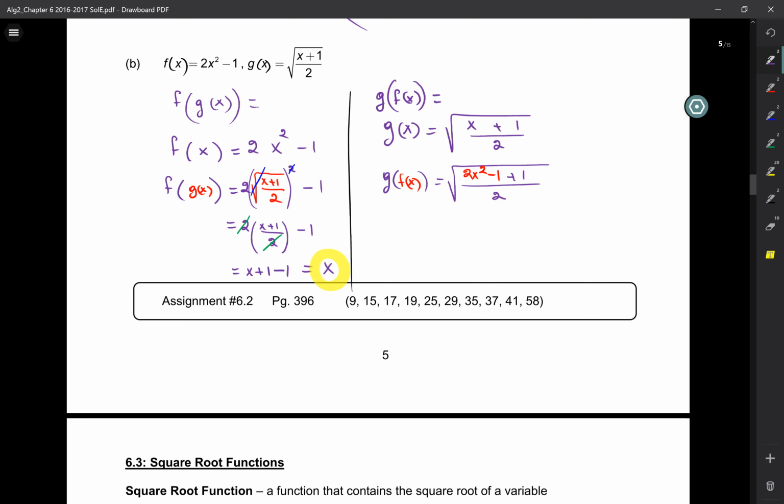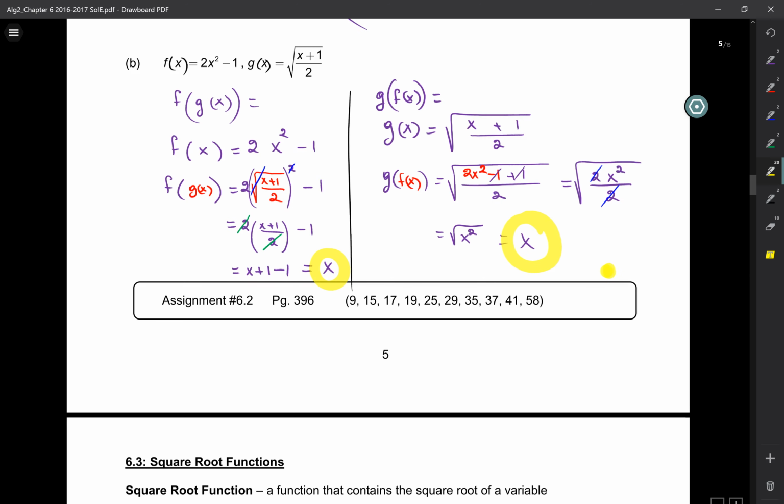Now, what does the top give me? This goes away. 2x squared over 2. What can I do with the 2's? Cancel them. I end with the square root of what? x squared. And what's the square root of x squared, guys? x. And look at that. I did f of g of x and I got x. I did g of f of x and I got x. What does that mean about those two functions? They're inverses.